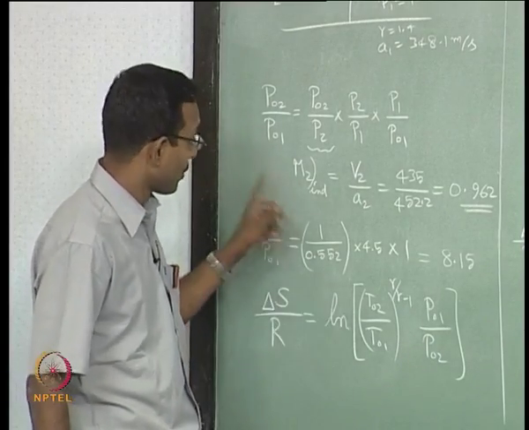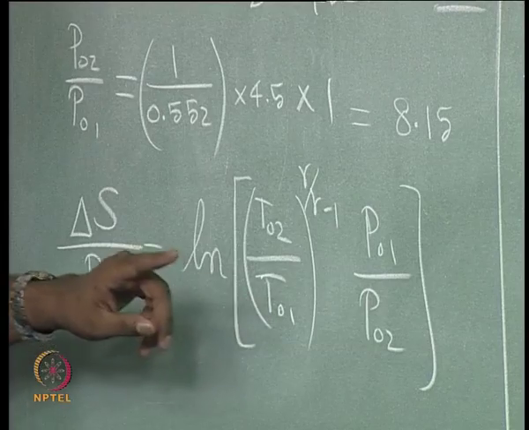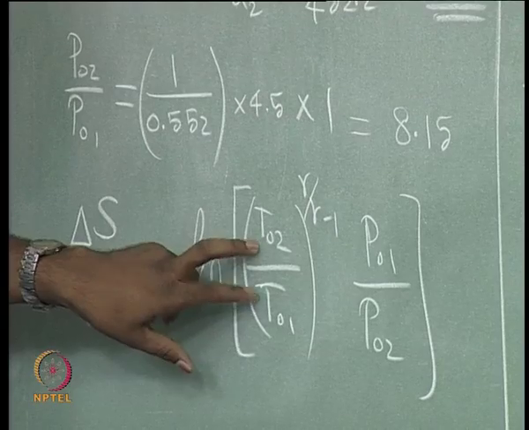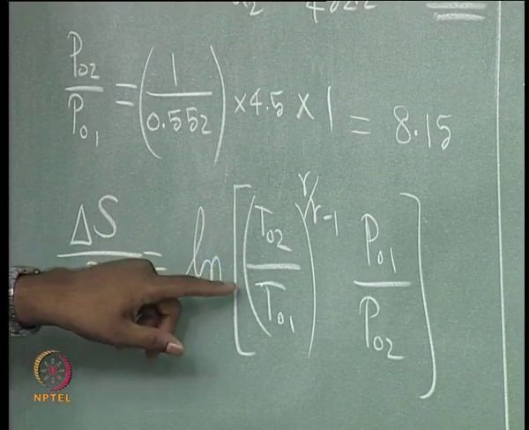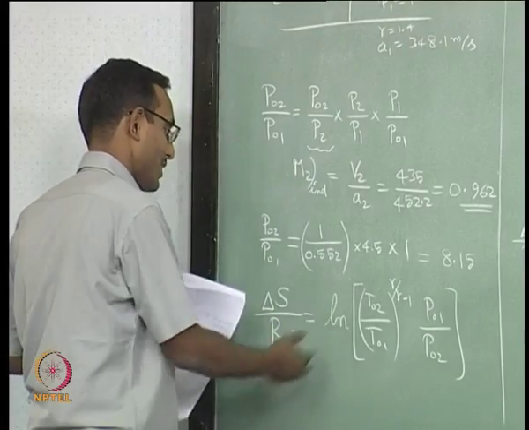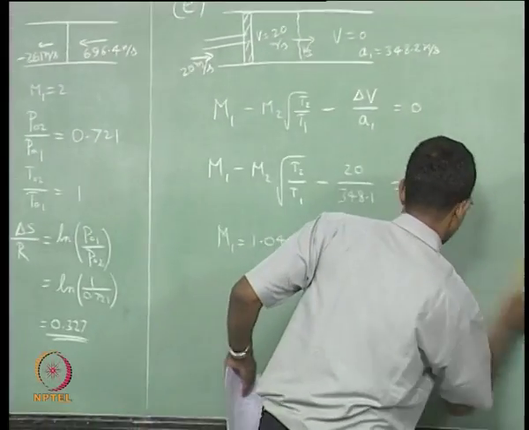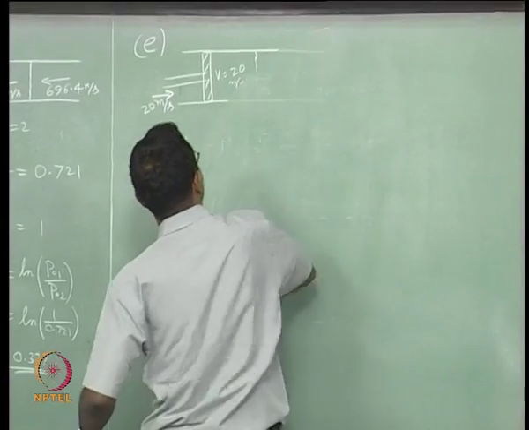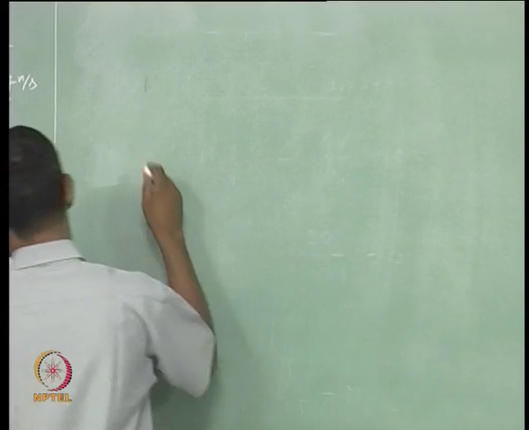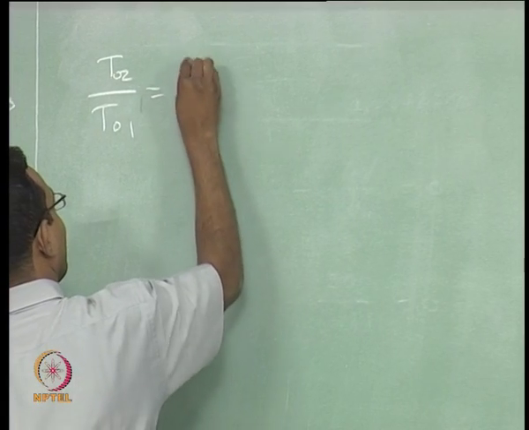Now for this problem we know T02 will be more than T01. We saw plots last week actually. And so we know that this is more than 1, it is not equal to 1. So I have to take this also into account, then only you will get the correct answer. So now we have to do that for this problem. We will go to the next section. We want to find T02 by T01. Same procedure, isentropic ratios.